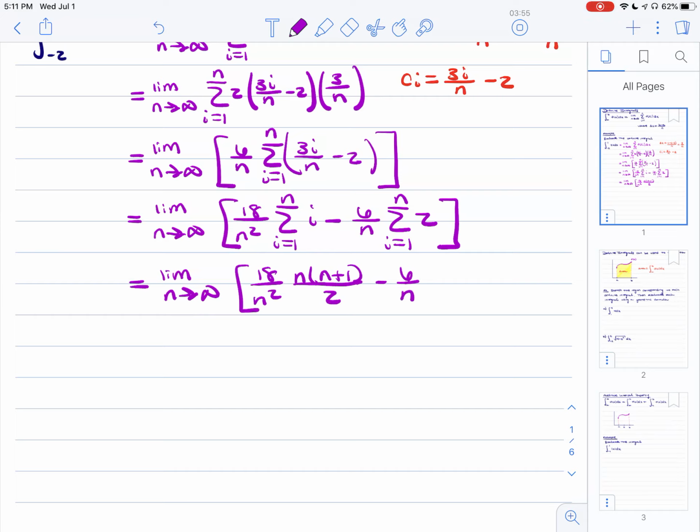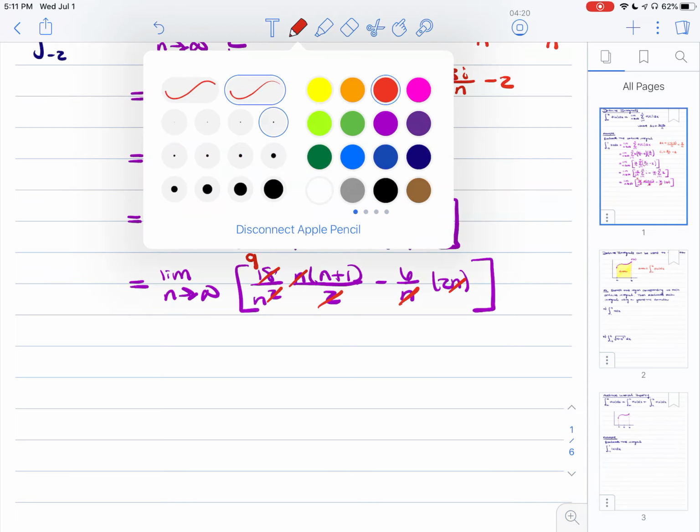And then the sum of a constant is just that constant times n. All right, so let's clean this up a little bit before we take our limit. Here, first of all, I can see an n on top and an n squared on bottom, so we can cancel one of those out. And then the 18 over 2, we can just reduce down to a 9. And then here, the n over n will cancel out.